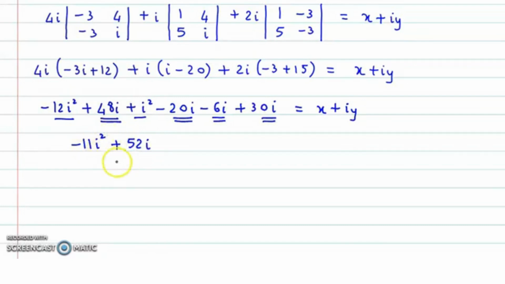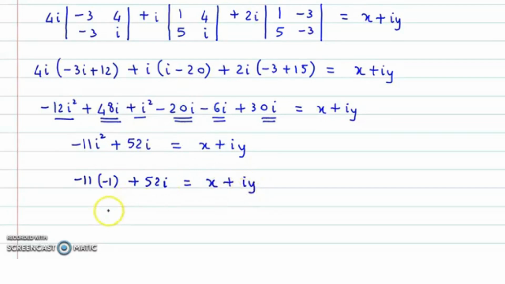So -11i square plus 52i is equal to x plus iy. Now we know that the value for i square is -1. तो ये आएगा -11 into -1 plus 52i is equal to x plus iy. So we have 11 plus 52i is equal to x plus, इसे हम लिख सकते हैं yi.